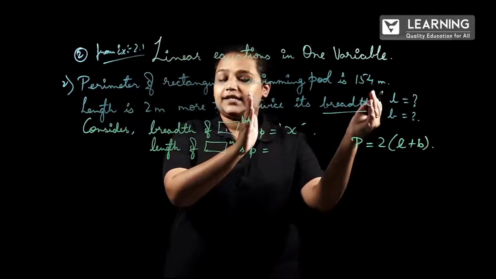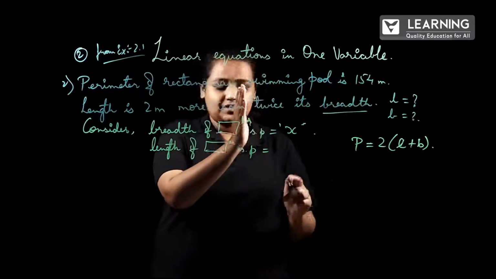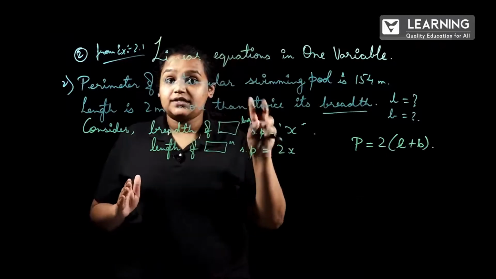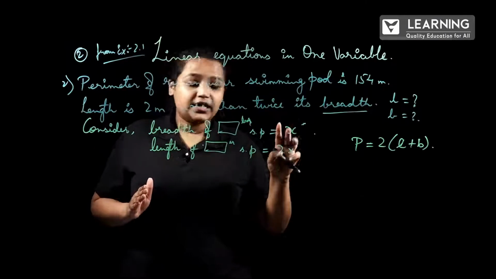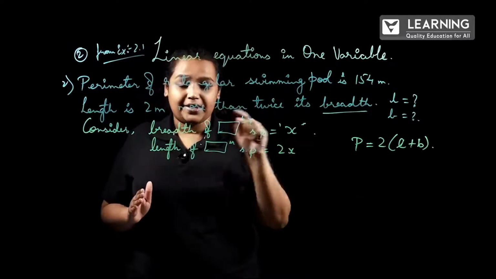First, we'll take the second half of the sentence. Twice its breadth means 2x. Twice: once, twice, thrice, right? So twice means 2 times the breadth.